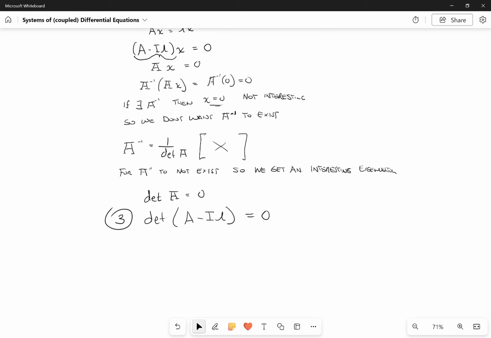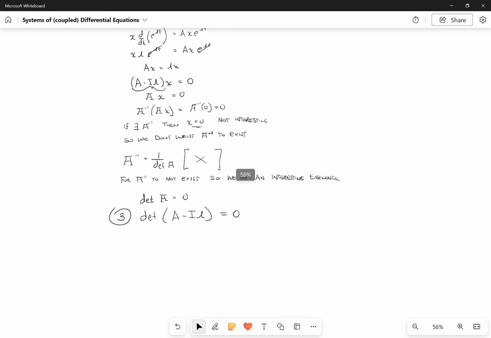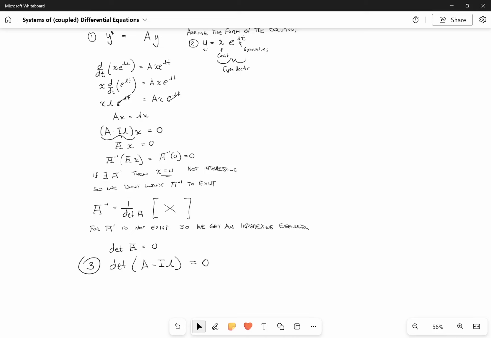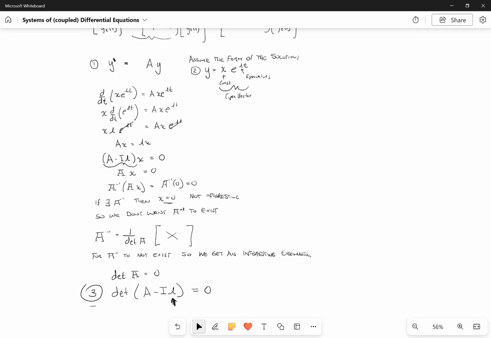This is the other thing that must be true. If you recall from solving eigenvalues and eigenvectors, we used equation number 3 to get the eigenvalues, and then we subbed those eigenvalues in and solved for equation number 2.